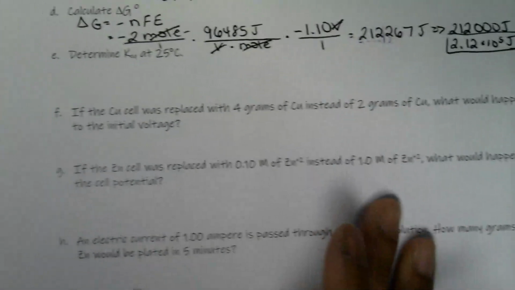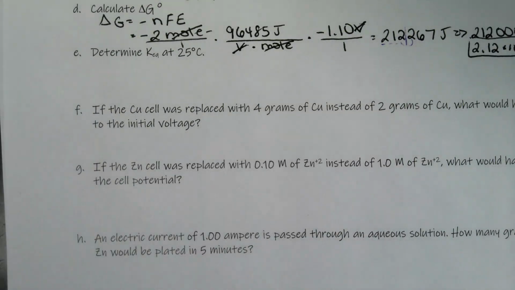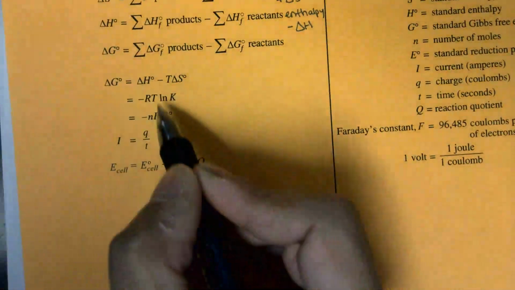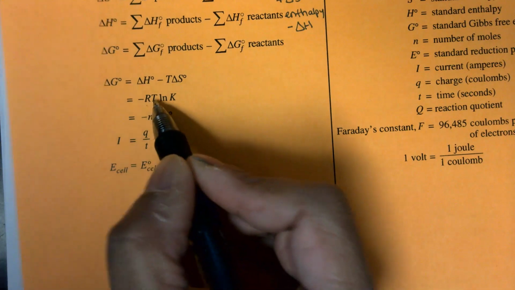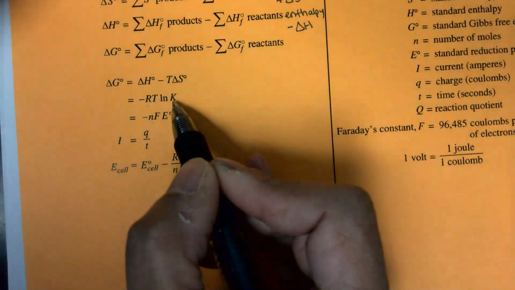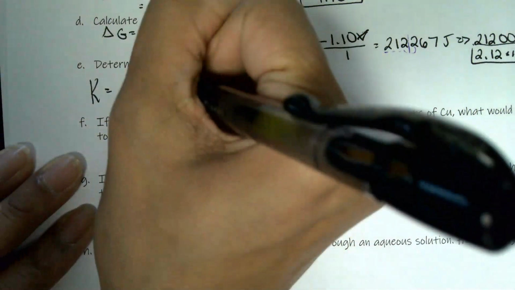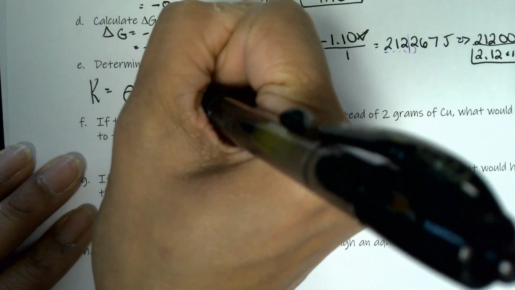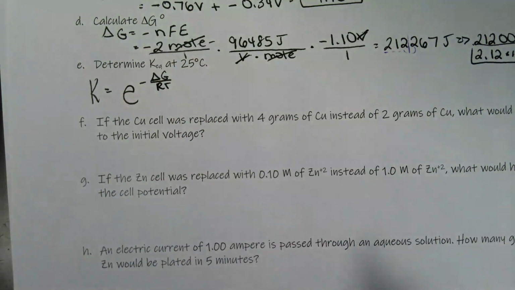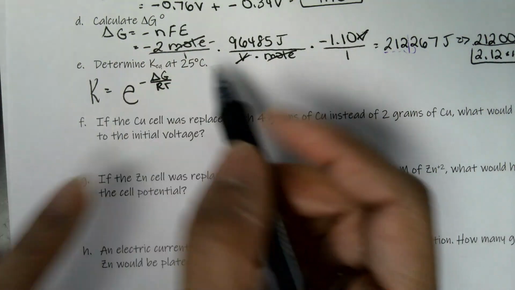And then for KEQ. So for KEQ, I know delta G, I know the R, I know T at 25 degrees Celsius, and I'm solving for K. So the K is equal to E to the negative delta G over RT once I've rearranged that equation. This is going to be at 25 degrees Celsius, by the way.